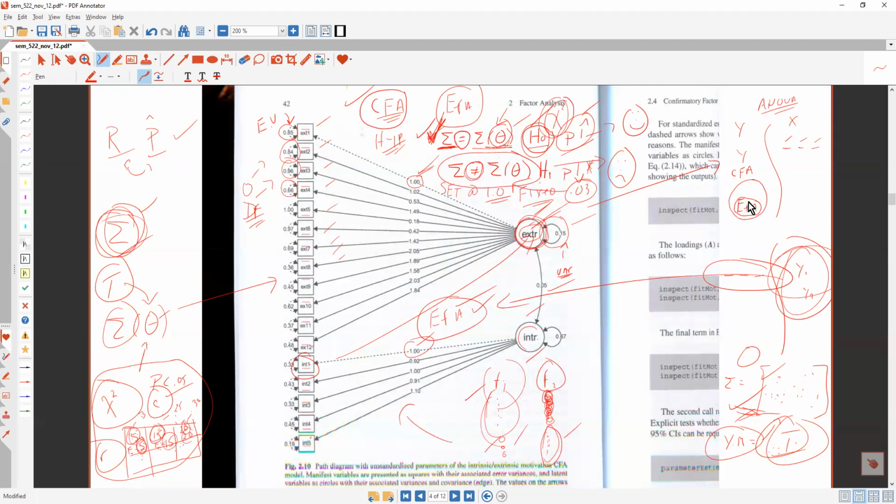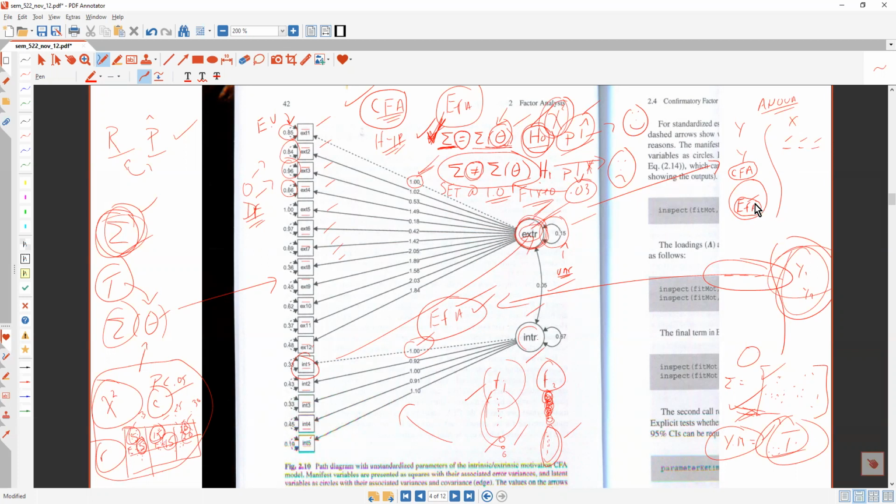Why? Well, because the exploratory factor analysis, as we've talked about, has certain parameterizations that are fixed in place. Whereas with the CFA, you have more control over virtually all aspects of the model.